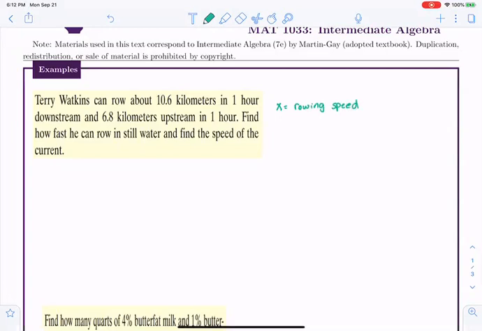to be the rowing speed, and y to be the speed of the current.